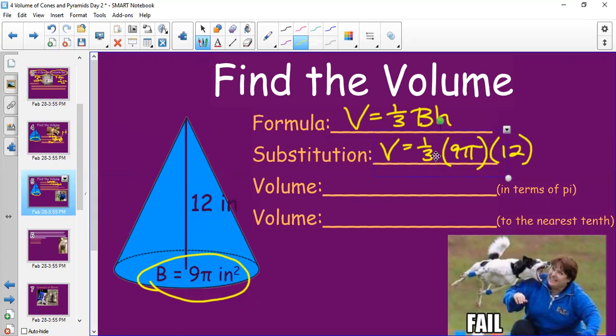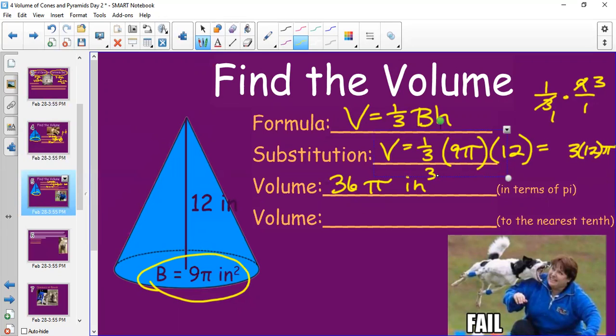So I'm going to do 1/3 times 9 first. I'm going to do this without my calculator. I can cross simplify to get 3. So this would actually be 3 times 12, and then don't forget your pi. So this would be 36 pi in our measurement cubed.